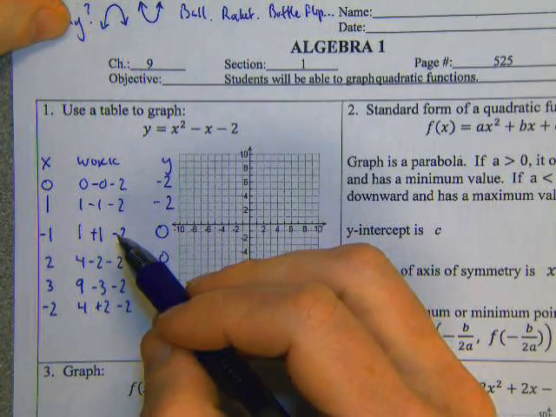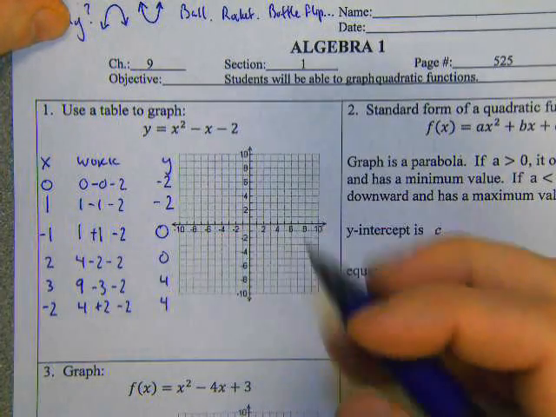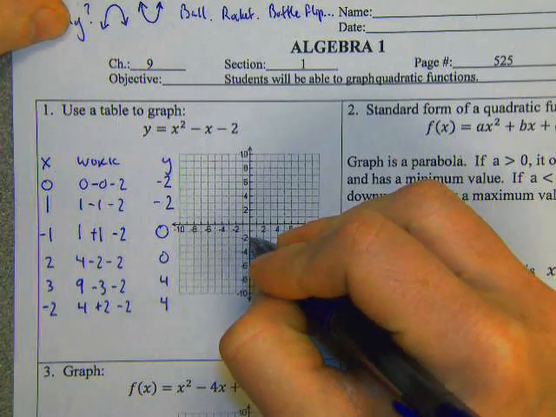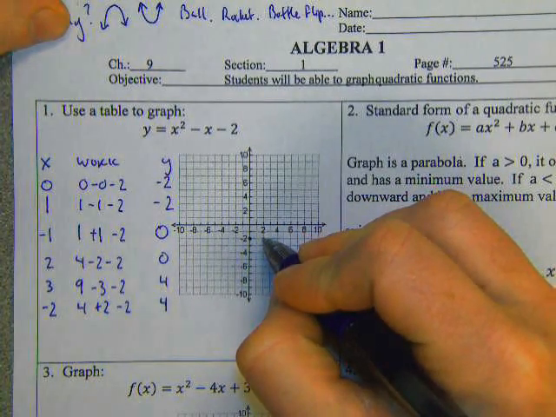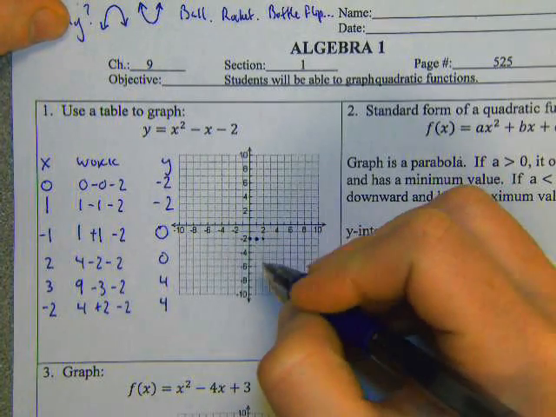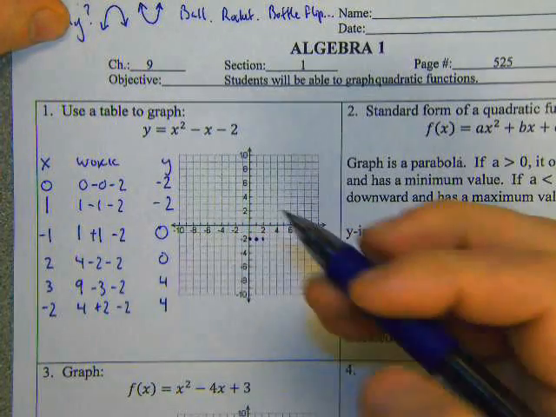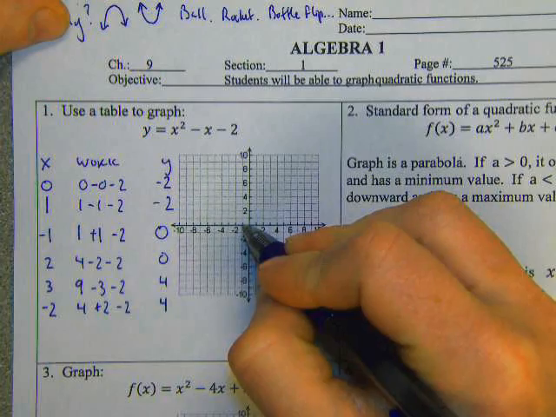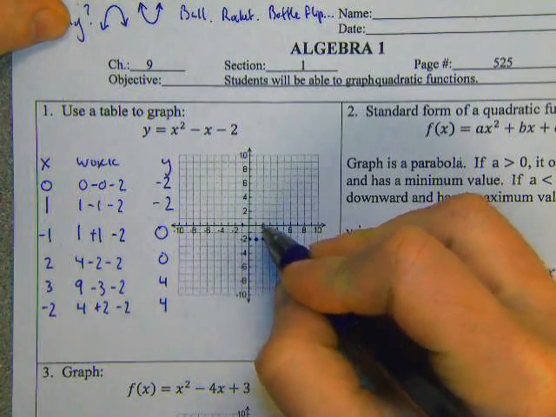And graph it. X is 0, Y is negative 2. X is 1, Y is negative 2. Right there. Negative 1 and 0. 2 and 0.